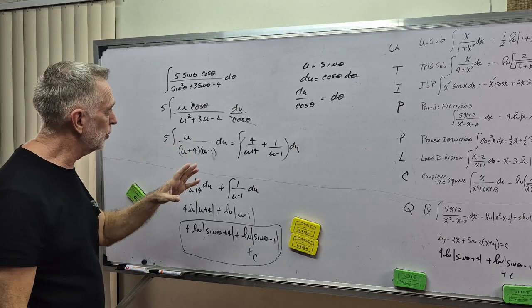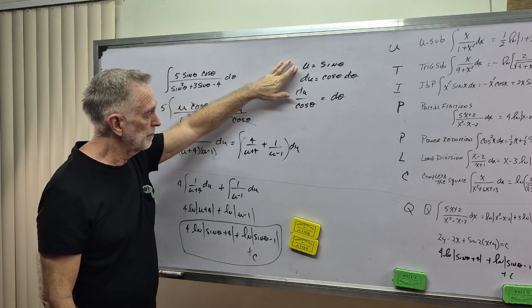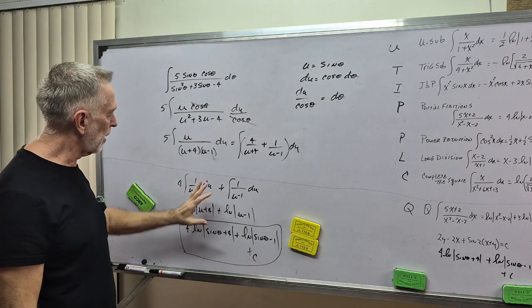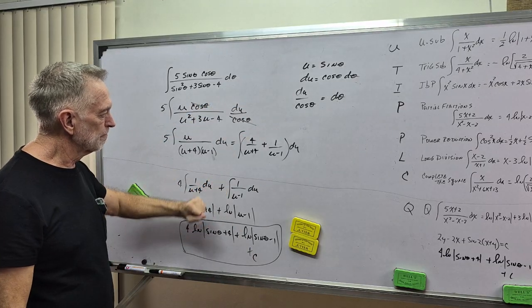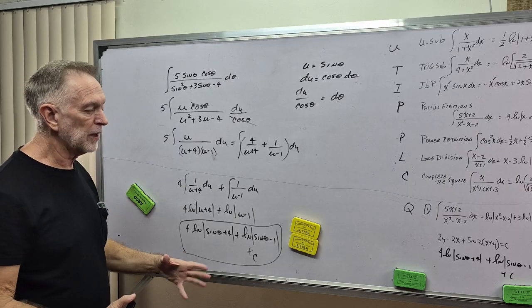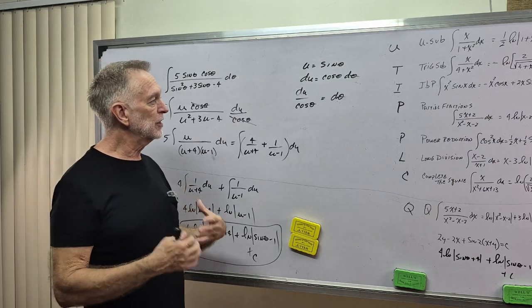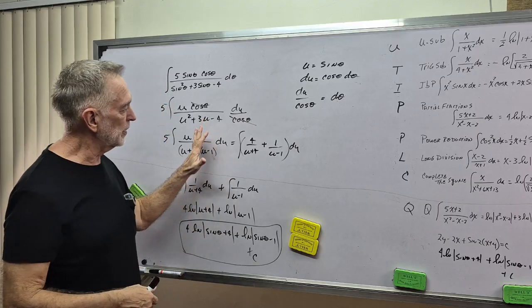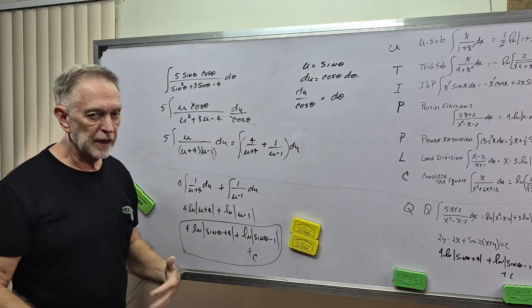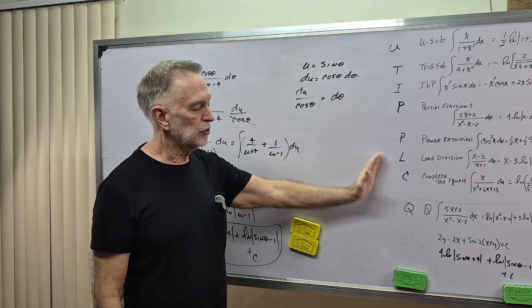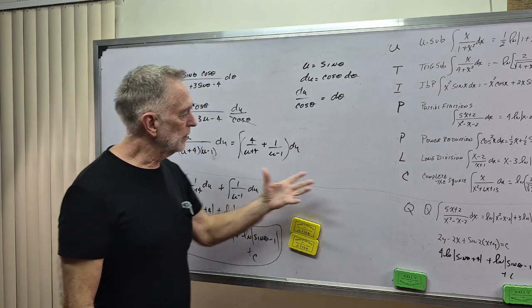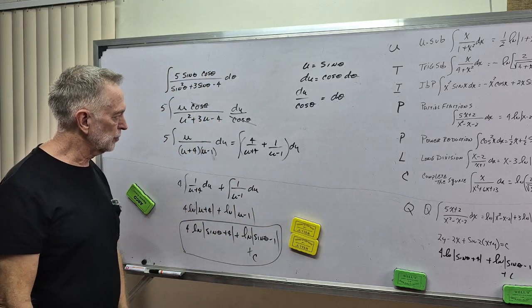So the tools we used were u sub and partial fractions. Not a complicated problem, but as I stated earlier, the purpose of these is to begin letting you decide what tools to use, apply those, and then get the results.